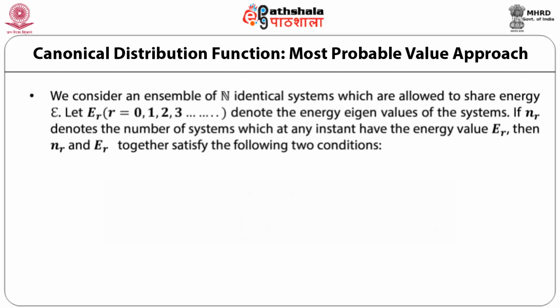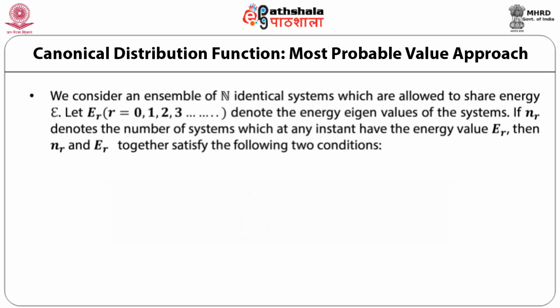Canonical distribution function, most probable value approach. We consider an ensemble of N identical systems which are allowed to share energy ℰ. Let ER, R equal to 0, 1, 2, 3, denote the energy eigenvalues of the system.